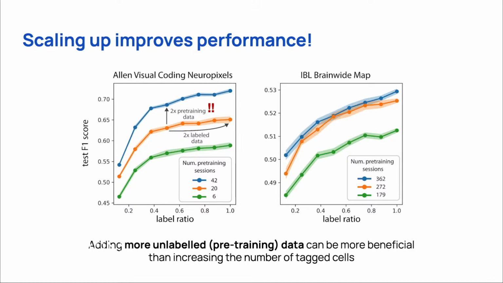Like there's still some room to go. And so the work that we're doing now is to actually aggregate multiple data sets, all from the Allen Institute with different tasks, with some amount of this optotagging data to see how far this can go.